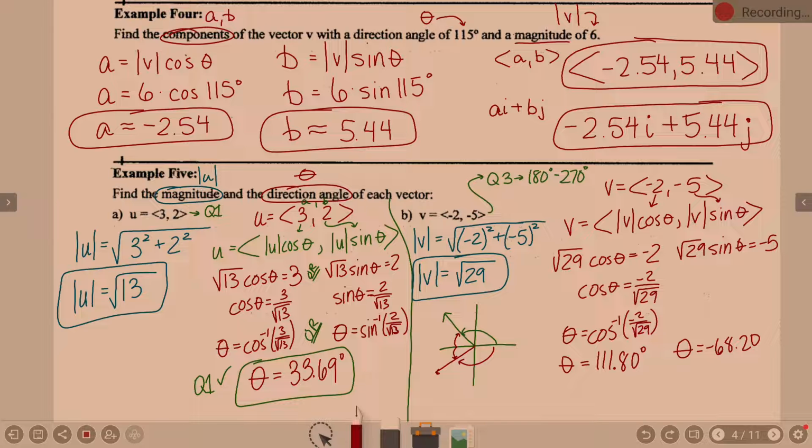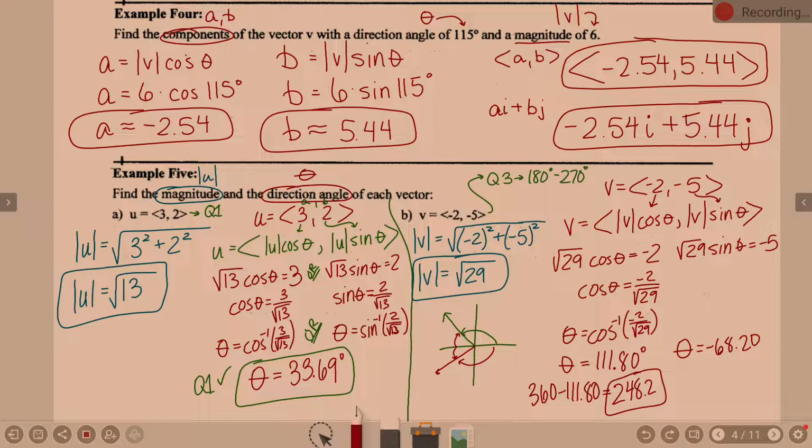Okay. One option, which is the way my brain goes, again, not the only right way, is that if this is 360 right here, could we go 111 from the 360? In other words, you're doing 360 minus 111.8, and you end up with what? 248.2.